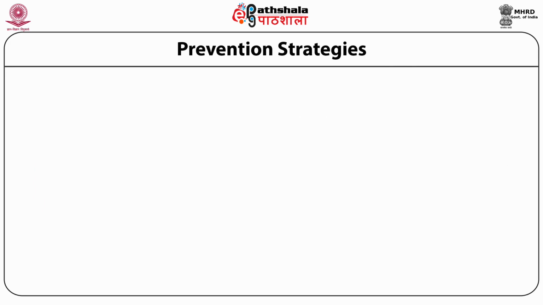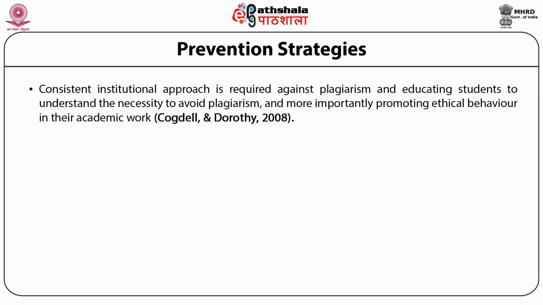Prevention strategies. Preventing plagiarism is a very difficult task, as it is not a technological problem but is associated with ethical behavior and application of appropriate research methodology. A consistent institutional approach is required against plagiarism, educating students to understand the necessity to avoid plagiarism, and more importantly, promoting ethical behavior in their academic work.